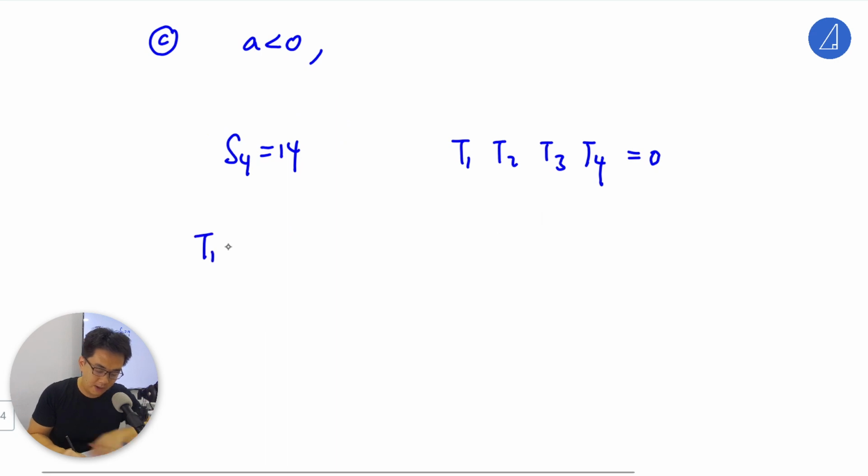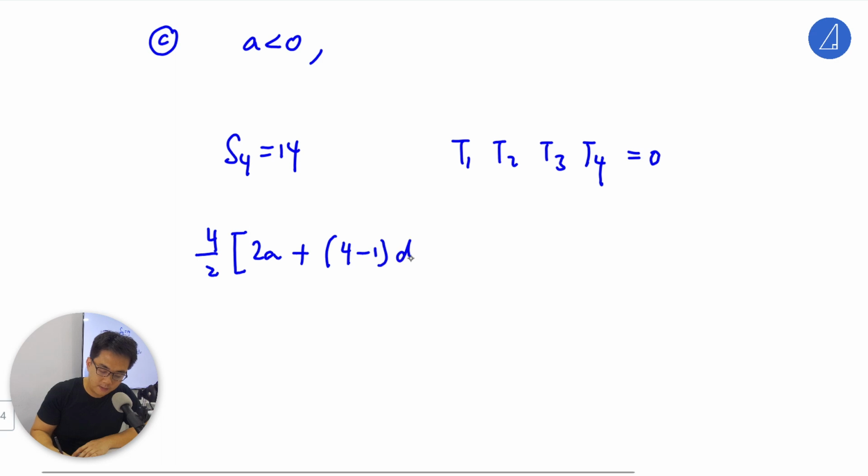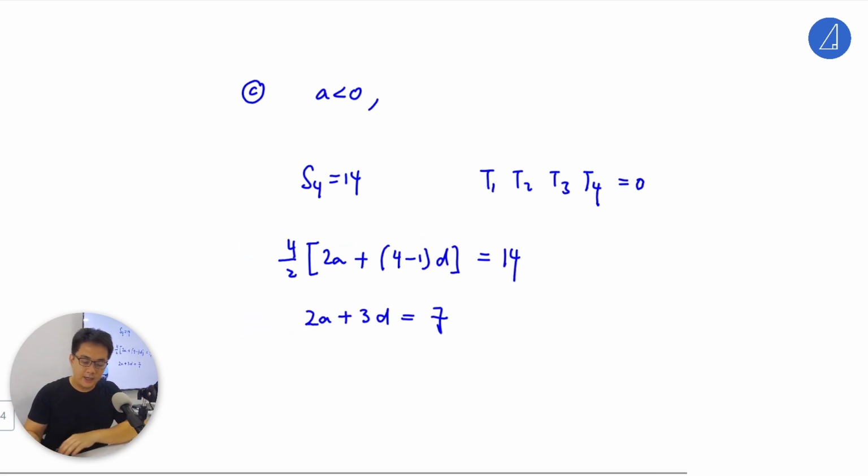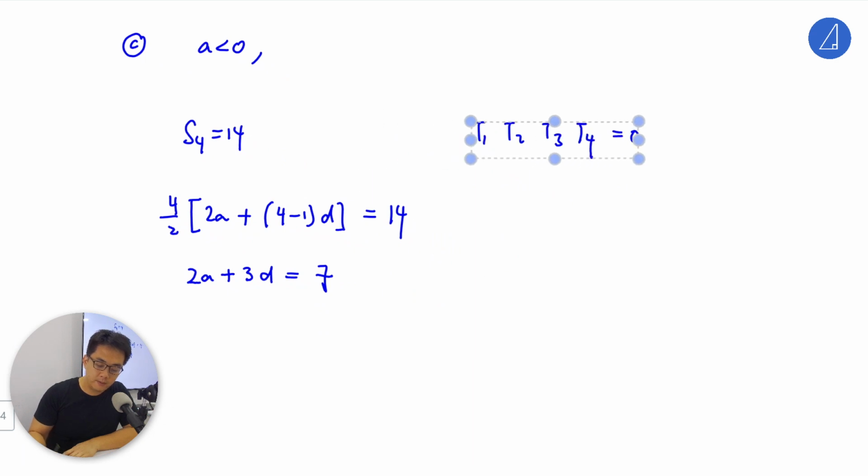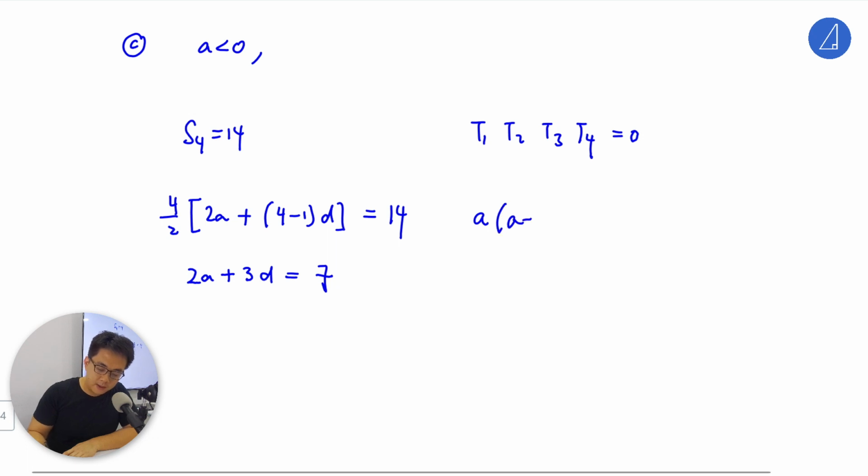I have T1 plus T2, or maybe I just write this down: 2A plus (4 minus 1)D equals 14. I think the main thing here is to use the zero factor theorem. So your T1 is A, and then A times (A plus D) times (A plus 2D) times (A plus 3D) equals 0.